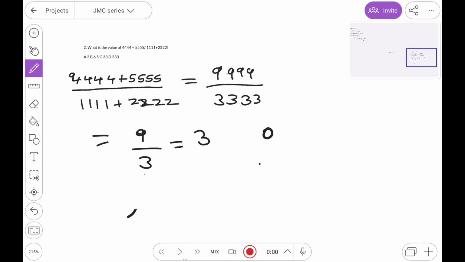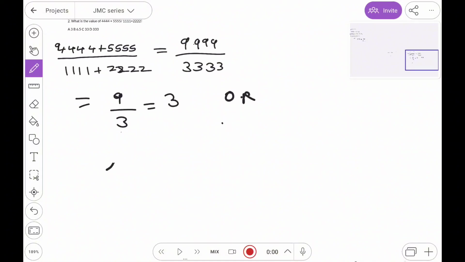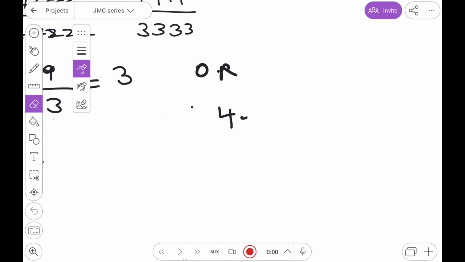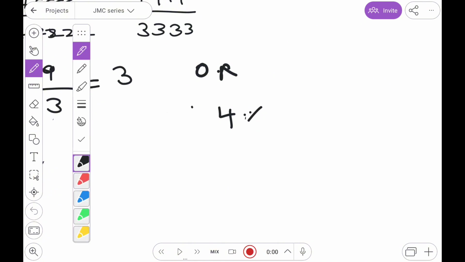But if you want to really show how smart you can be, we can use another method where we substitute each one. So like how 4,444 becomes 4 times 1,111. And then you add that to 5 times 1,111.